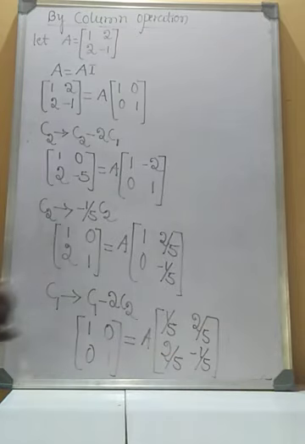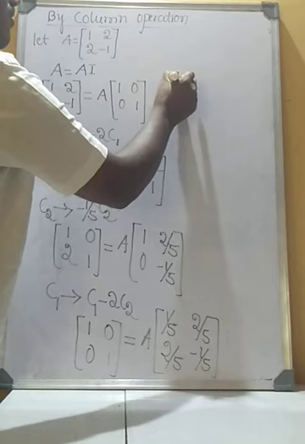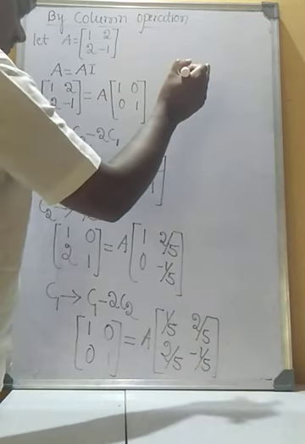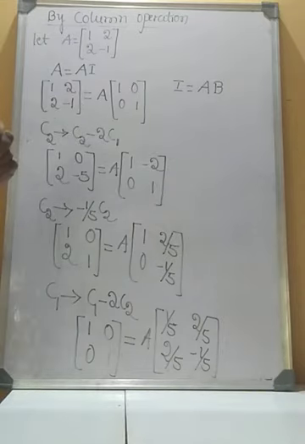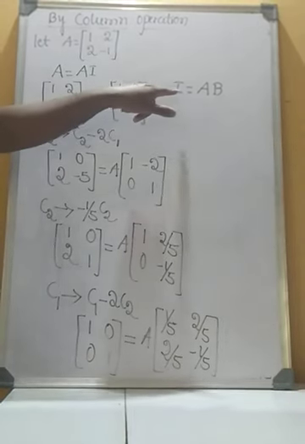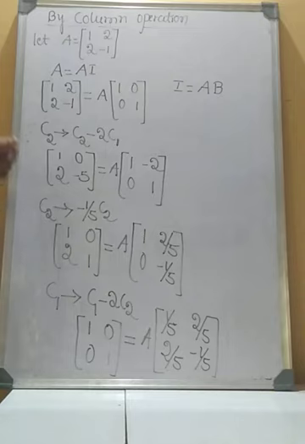So what is the form of this? That is of the form I is equal to AB. In row operation, I is equal to BA. By column operation, I is equal to AB.